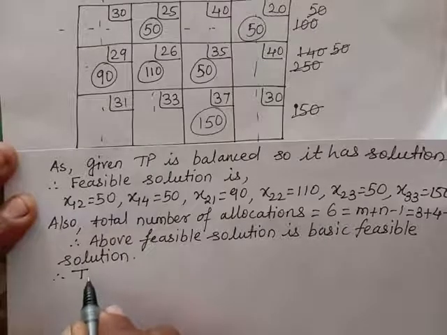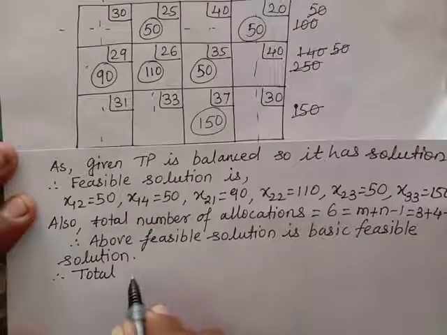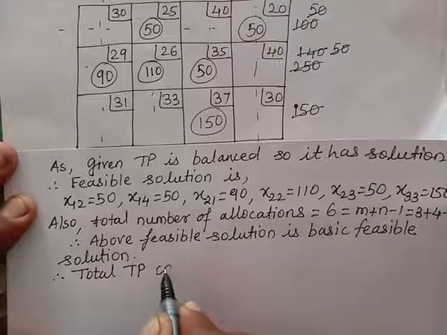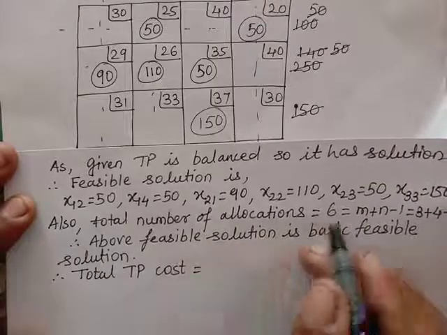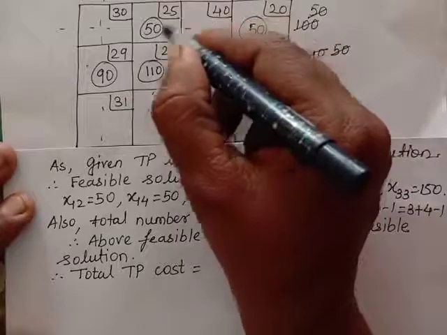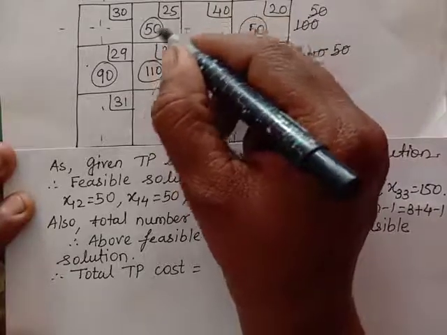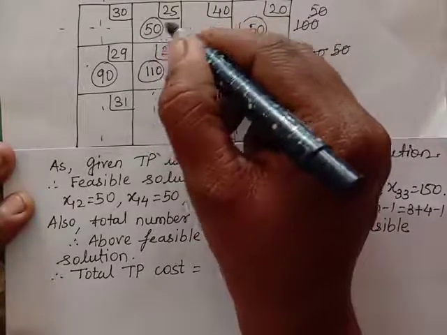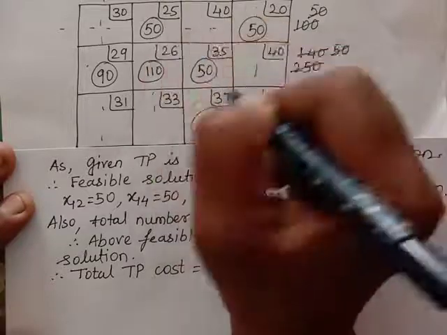Therefore, the total transportation cost, that is how much we should do this. Wherever there is allocation, we will multiply the cost with that allocation and add all these.